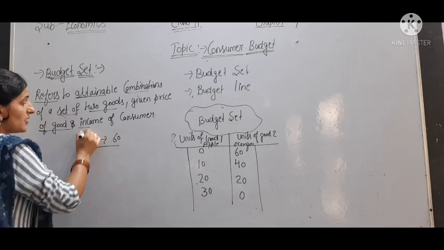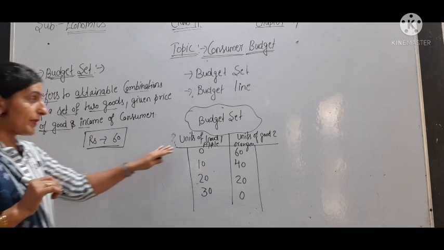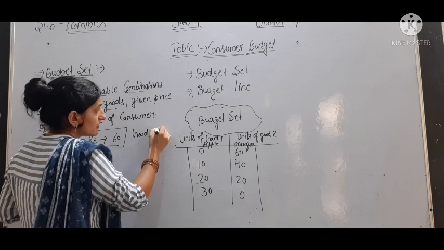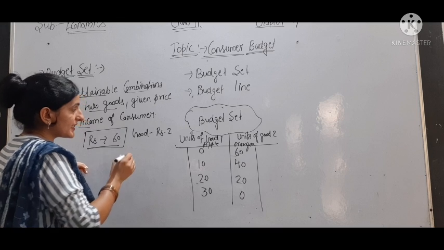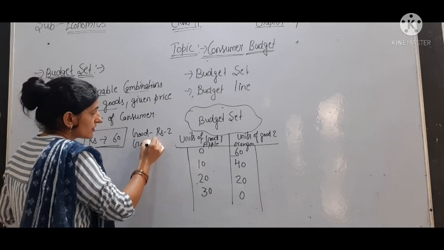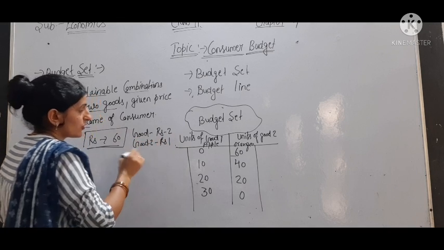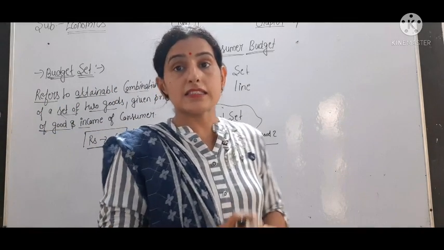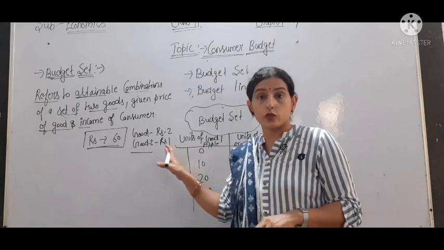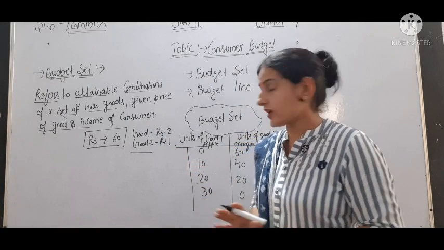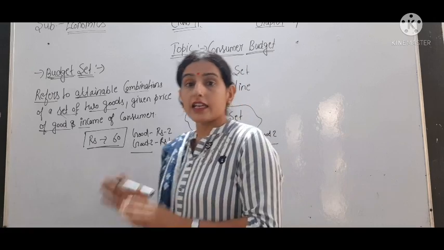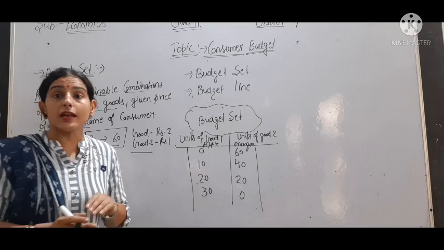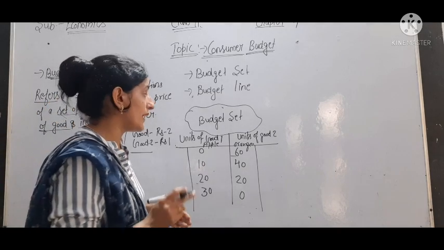The price of good one is 2 rupees per kg and good 2 is 1 rupee per kg. So what combinations can be consumed by the consumer, we will know by the budget set.